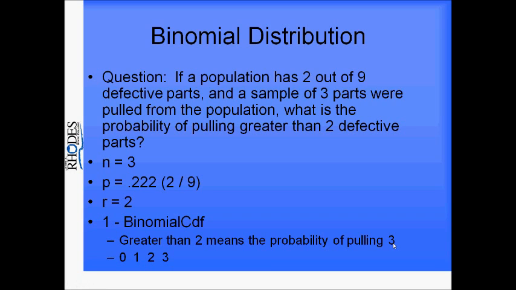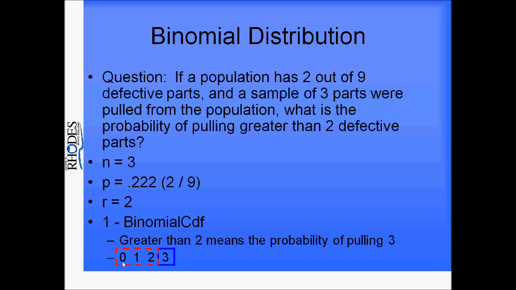Okay, so there's actually a couple different ways you could do this. You could use PDF and just type in 3. But if you're going to use CDF, you have to use what's in dotted red lines.